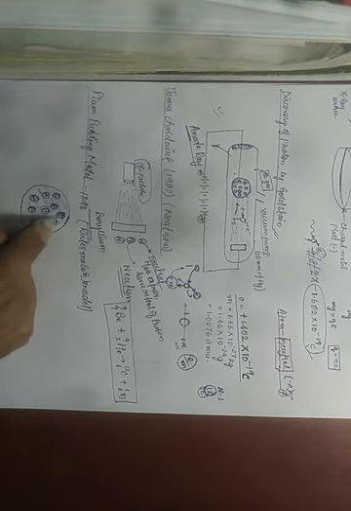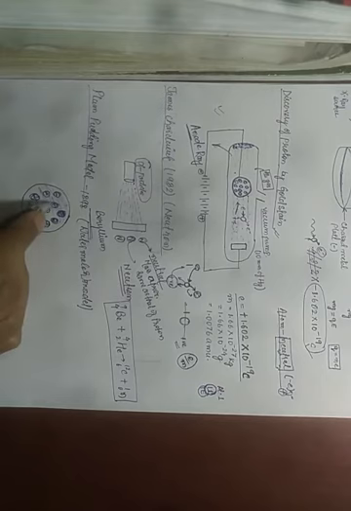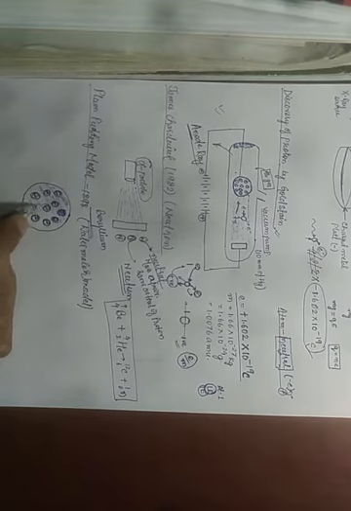Number one drawback: if he told that positive charge is uniformly distributed, then he doesn't tell anything about the movement of the electrons.